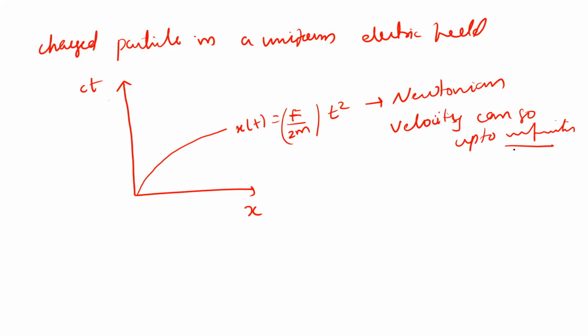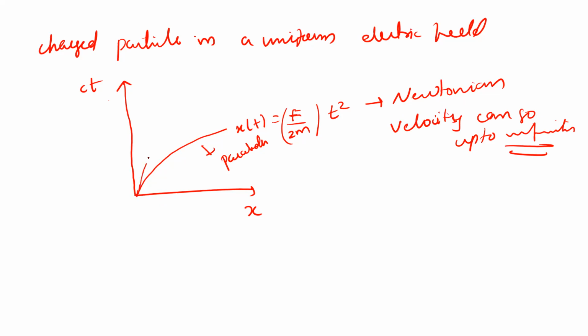Okay, but we know that this is wrong. And in the relativistic case, instead of a parabola, you will have a hyperbola. You will have a hyperbola, but it would match for lower velocities like this.